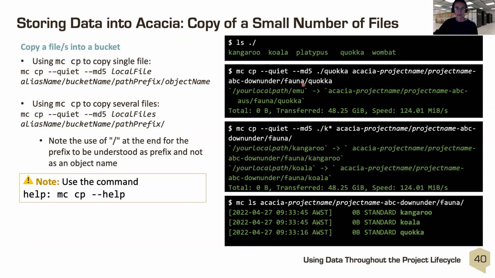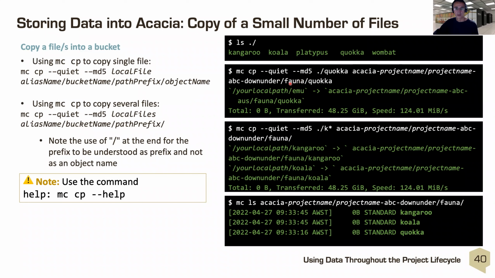Okay, so here is the example. This first example is to copy the file Quokka into some alias, already configured with the access keys and the endpoint. Then with MC, we use a slash and then the name of the bucket, and then slash, and you can use what I said so many slides before about the prefixes.